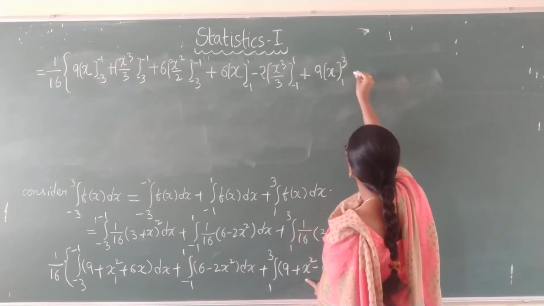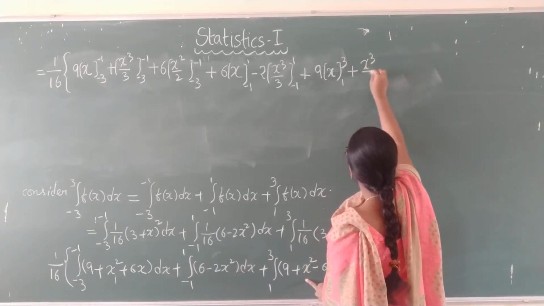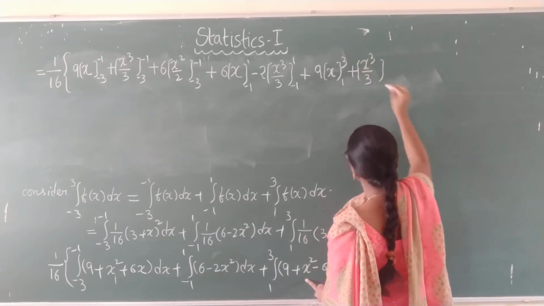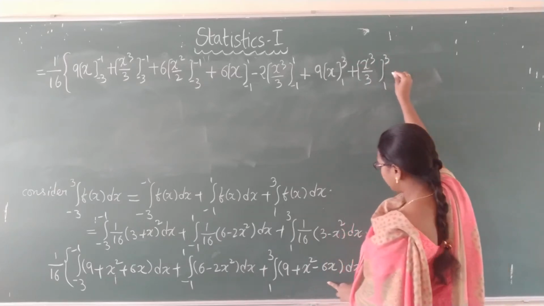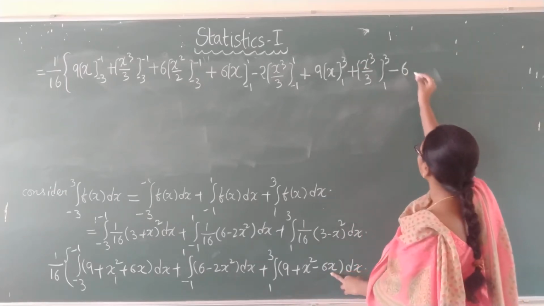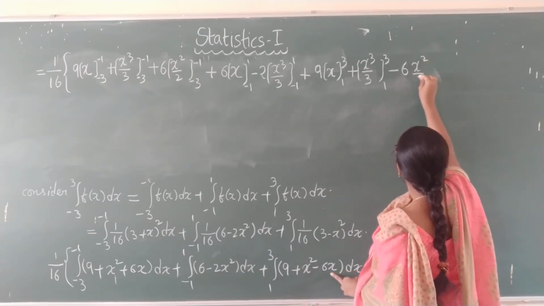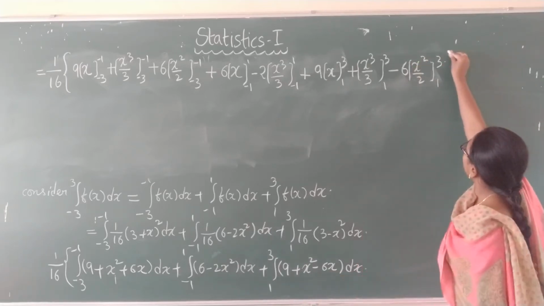Next second term is x square. Integration of x square is x cube by 3 within the limits 1 to 3. Next minus 6 constant. Integration of x is x square by 2 within the limits 1 to 3.